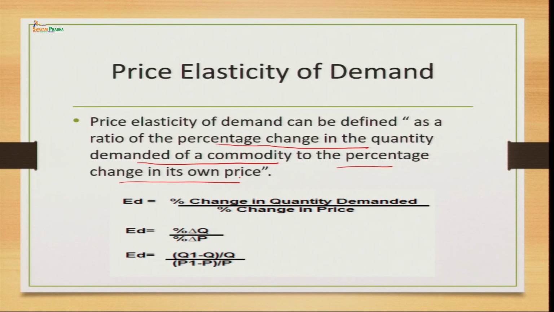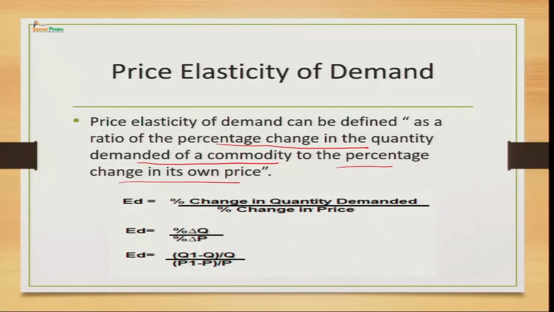If you are talking about a commodity X, then what change has taken place in the demand of commodity X because of change in the price of commodity X. So, this is how we write this formula to calculate price elasticity, where we are saying percentage change in the quantity demanded upon percentage change in price.